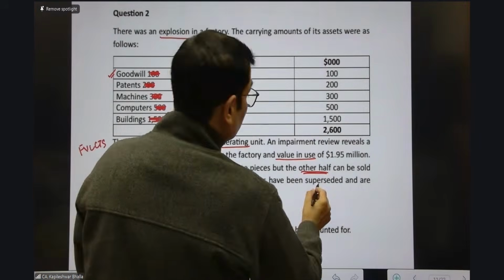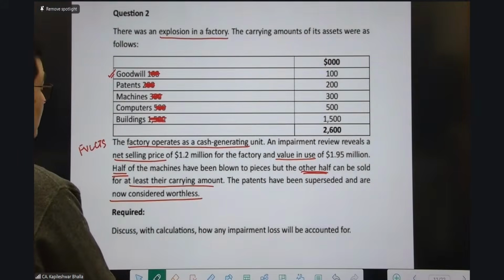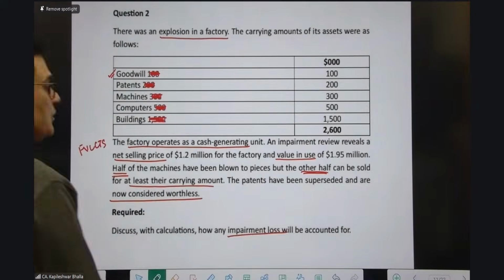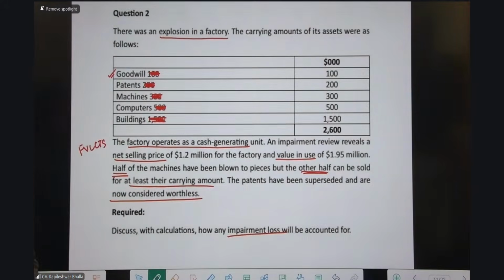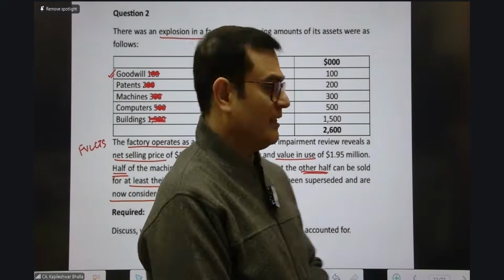The patents have been superseded and are now considered worthless. Discuss with calculations how the impairment loss will be accounted for. So we'll first calculate the impairment loss and then allocate it as well. Let's do this.